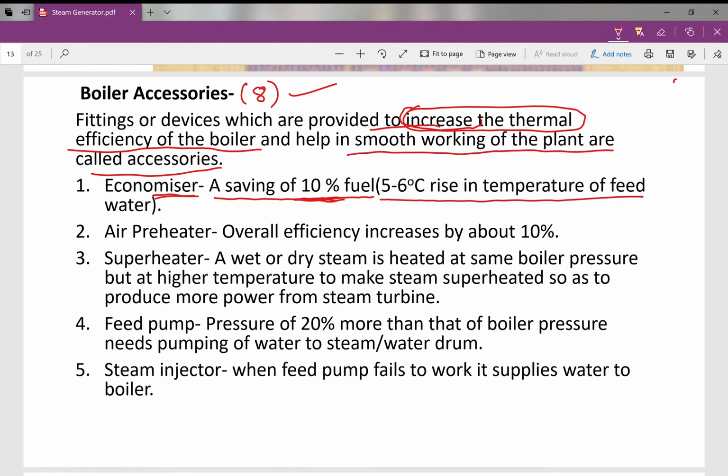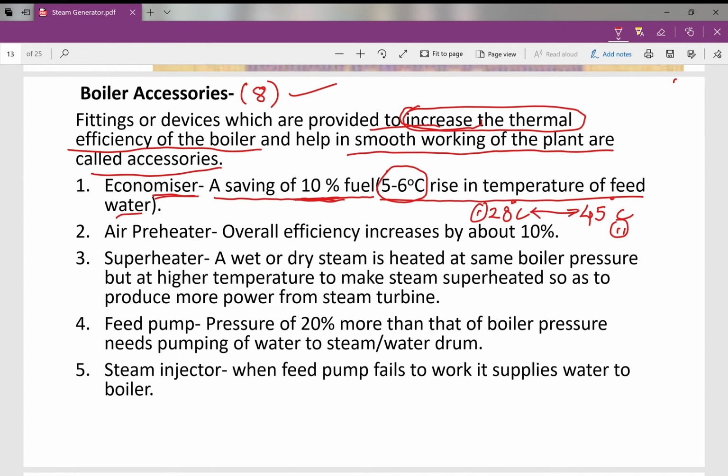of feed water supplied to the boiler of 5 to 6 degrees centigrade. Suppose the temperature supplied to the boiler is 45 degrees centigrade in the second case. In the first case, it is, let us say, 28 degrees centigrade, normal water. So here there is a jump from 28 to 45 degrees centigrade.